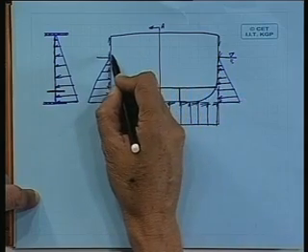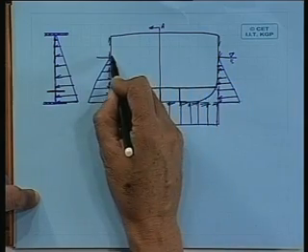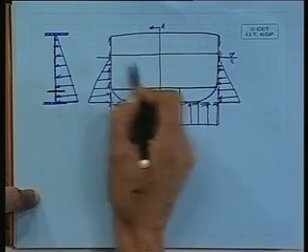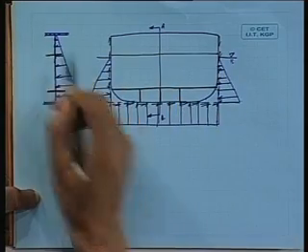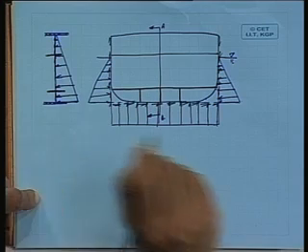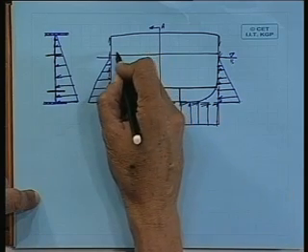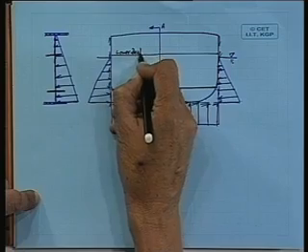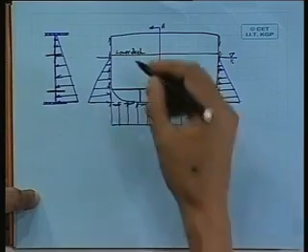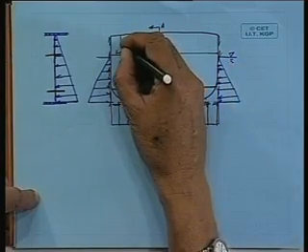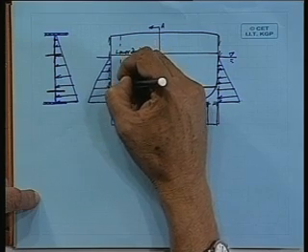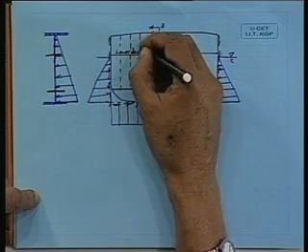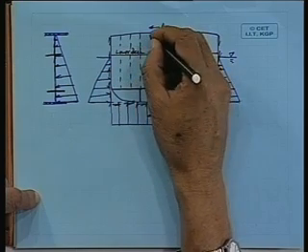Maybe you can have some sort of an intermediate deck, say some lower deck, and then there are stiffeners provided to this plate here. I am simply drawing them with dotted lines at some constant intervals.